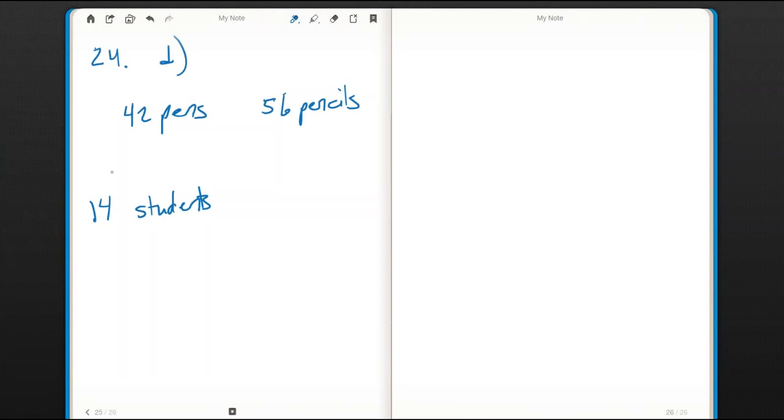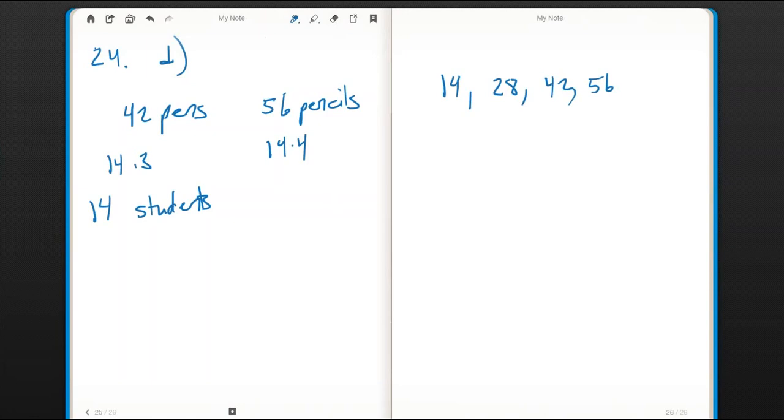And so if I have 14 students, and maybe off to the side somewhere we count by 14, 14 and 14 is 28, then the next one is 42, which is kind of convenient. And then the next one is 56, which is extremely convenient. So that tells me that 14 times 3 is 42 pens, and 14 times 4 is 56 pencils.